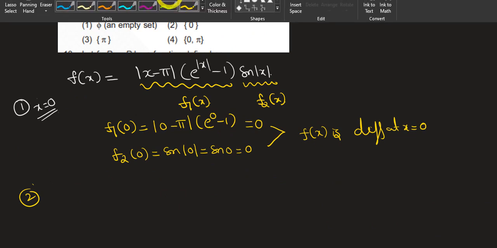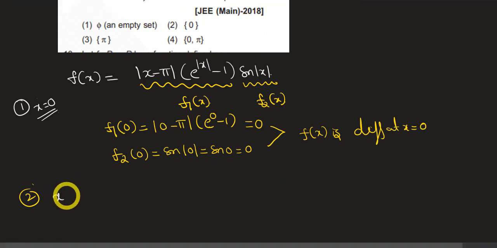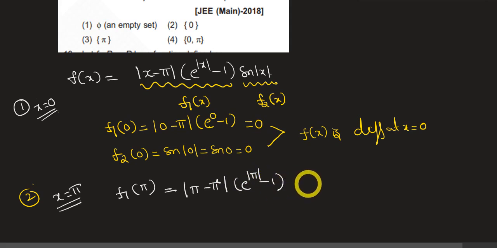Similarly, we can check at pi also. At x is equal to pi, f1 of pi: in the first function you substitute x is equal to pi, so modulus of pi minus pi into e to the power of mod pi minus 1. This comes out to be 0 into something, which is equal to 0. Similarly, f2 of pi is sine of modulus of pi.